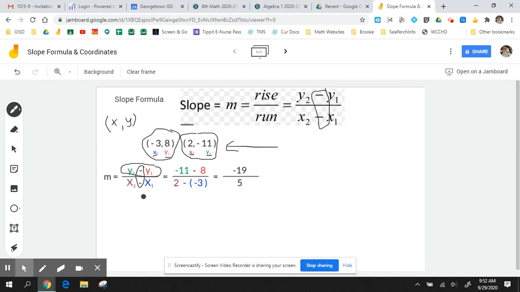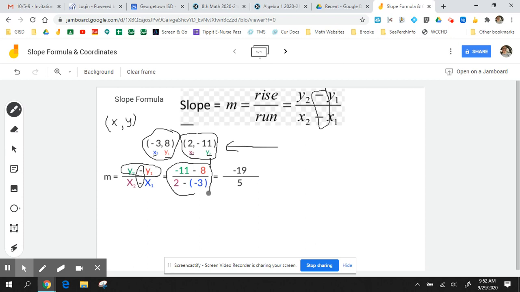Like the denominator right here, x2 is 2 minus x1. Here's the minus sign that is in your formula right here. And then your x1 is -3, so minusing -3. The great part is you can put this whole thing in your calculator. Or if you don't have a calculator because you're not at school or you don't have one at home, that's fine. You can do it in Desmos.